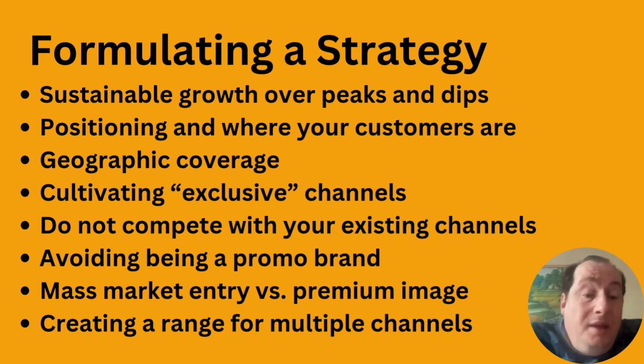Something that some brands do, in the context of the craft beer example I just gave, is that there were other companies selling craft beer to the same channels, but they were dividing their range. They had a couple of products that they sold into supermarkets and a couple of products that they sold only into off licenses.